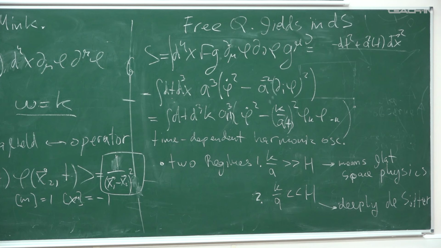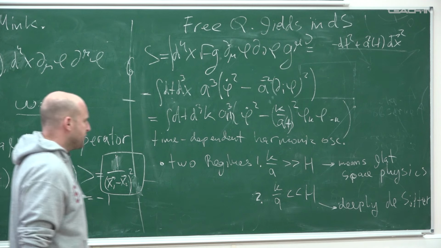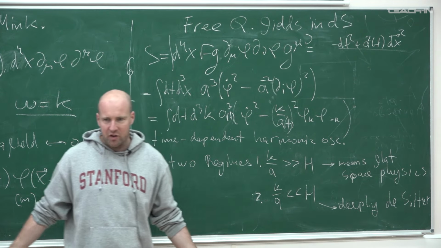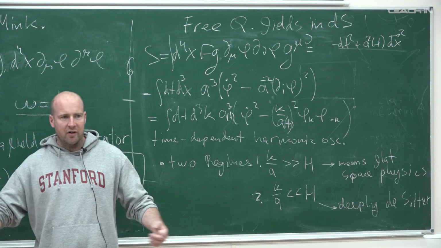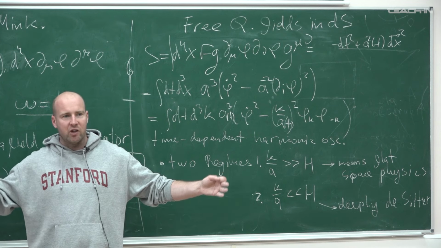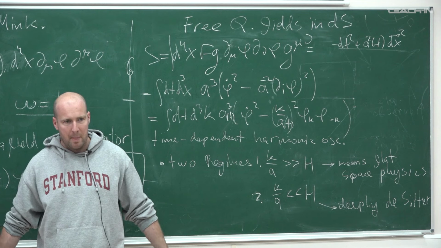But of course, when we do experiments in our laboratories, we use flat space Fourier transforms. We don't care about this curvature, because the distances on which we operate are much shorter than the curvature scale of this de Sitter space-time.